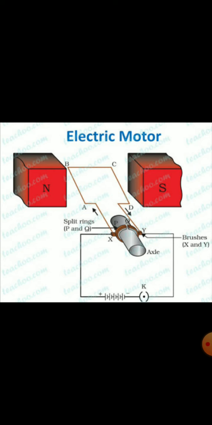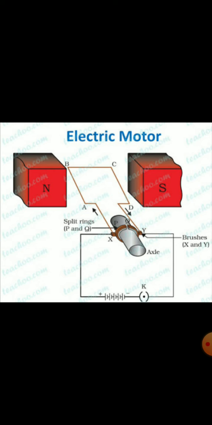It is placed in such a way that the arms AB and CD, arm means side, are perpendicular to the direction of the magnetic field. Now, this is very important to understand. The sides AB and CD are perpendicular to what? The direction of magnetic field.